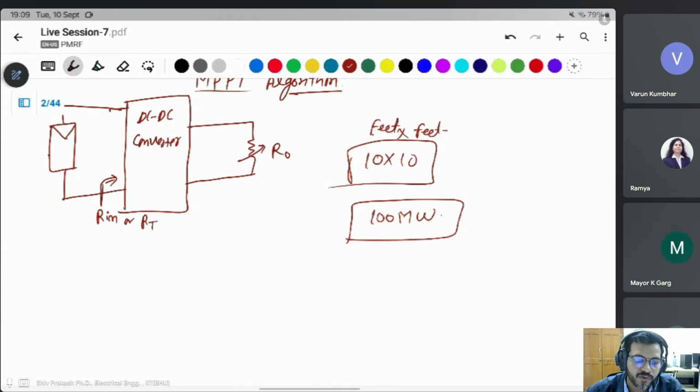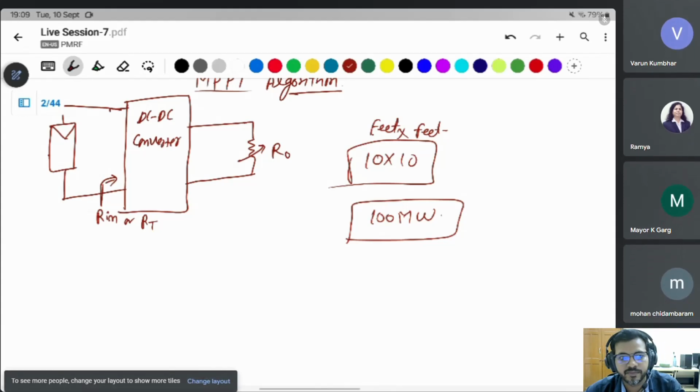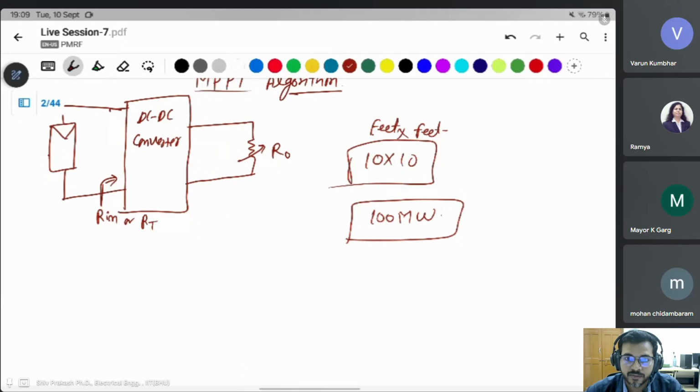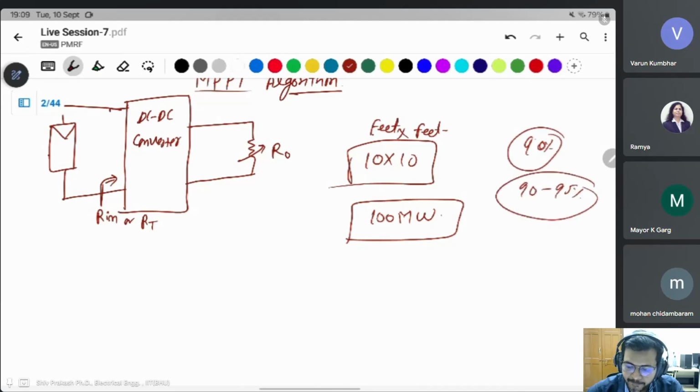Then what efficiency should you take? Normally, a practical converter efficiency is approximately 90%, 90 to 95% also. But in this case, if you take 90% efficiency, then the loss is 10 megawatt, which is a huge supply.